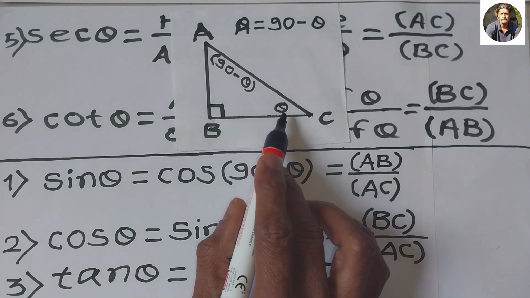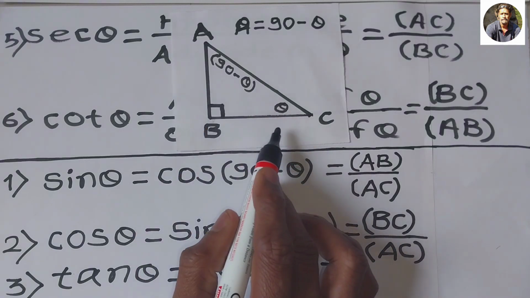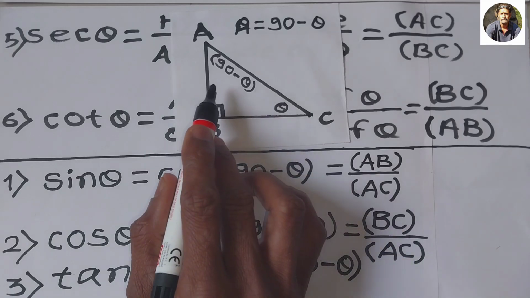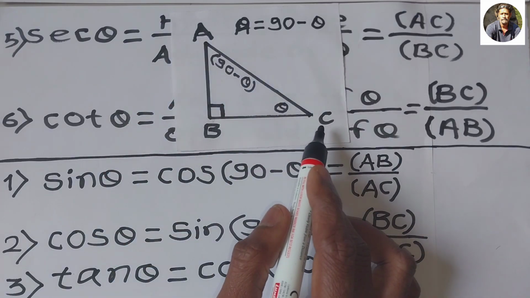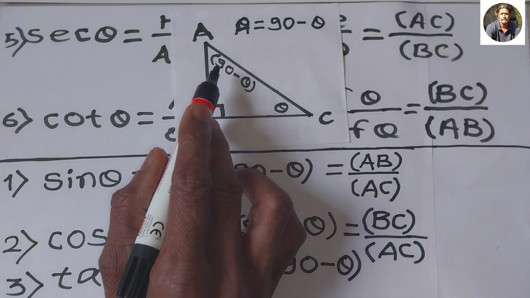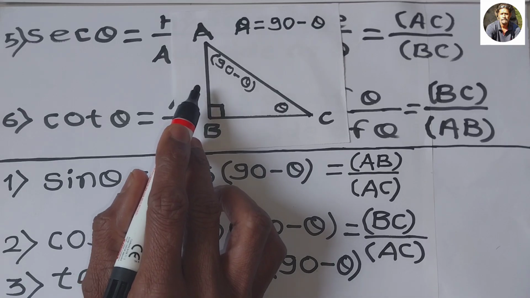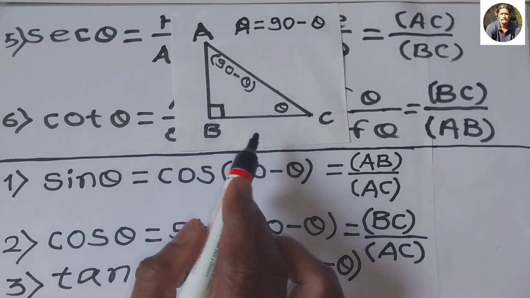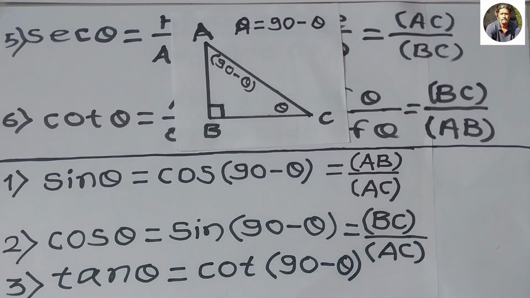Look here. Tan theta means opposite side upon adjacent side, means AB upon BC. When we take cot 90 minus theta, that is adjacent side of this 90 minus theta upon opposite side means AB upon BC.